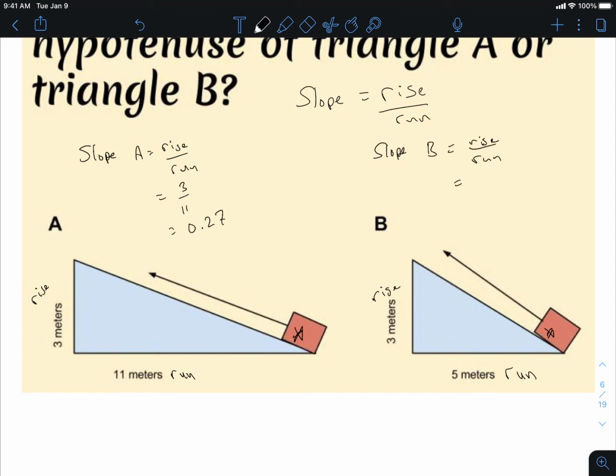You're going up 3 over 5, which should be 0.6. Does anybody have any questions with that? Good.